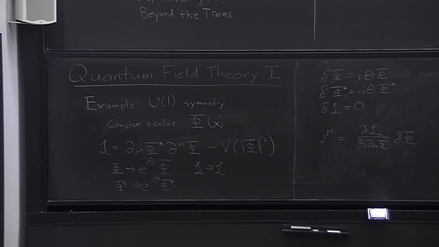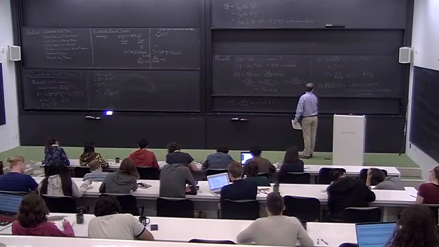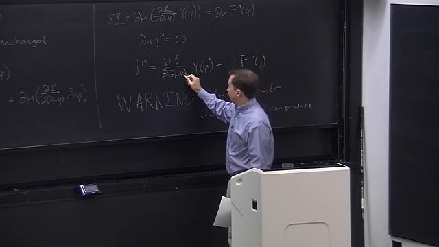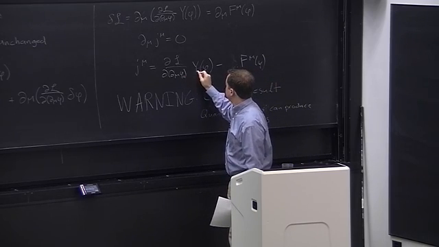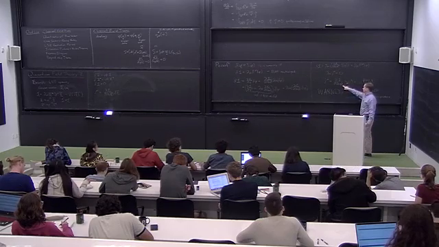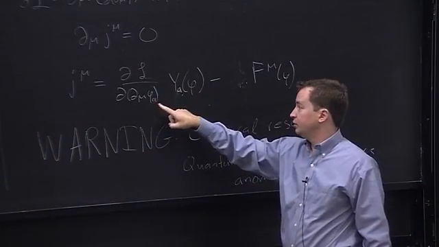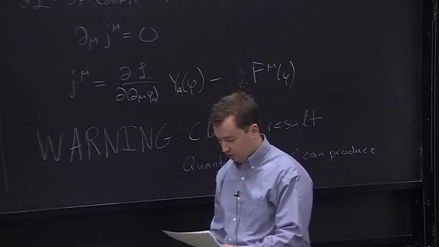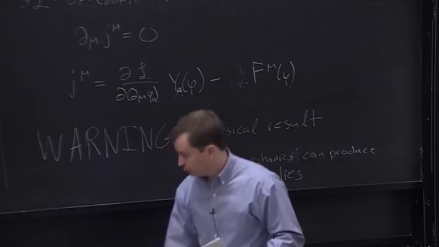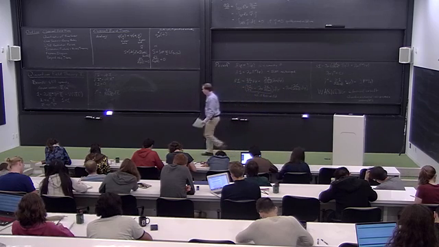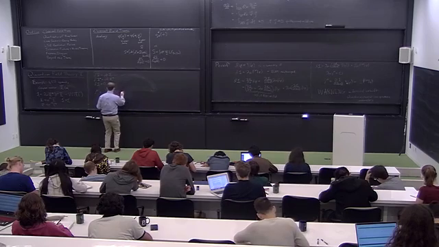And if we've got multiple fields, we should modify this equation, and we should basically just sum over each of the symmetry transformations for the fields. We should sum over A in the case that we've got multiple fields transforming under the same symmetry. And so that means we get an extra term here.